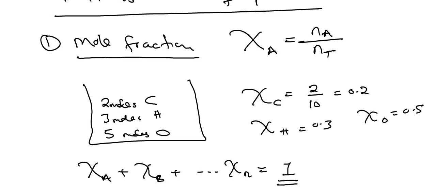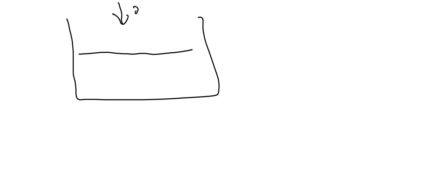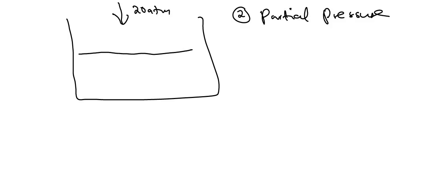Then he came up with the second law of partial pressure. I'm using the same vessel again. You already have the mole fractions. Imagine now I'm adding 20 atm of a gas. His second law says the pressure that every gas is feeling is going to be different.